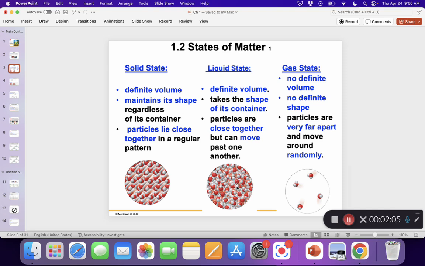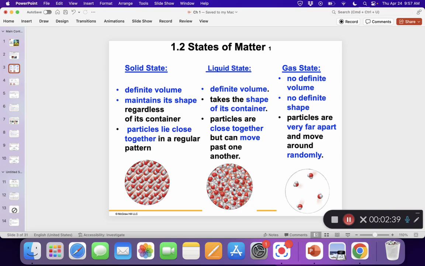In the case of the liquid state, there is some space, some room between the particles. They can move past one another, so there is some freedom of motion. They are loosely packed, so they can take the shape of the container, because you can pour the liquid. They have some room to move around.